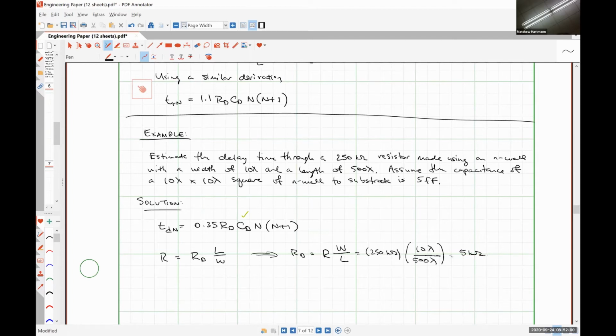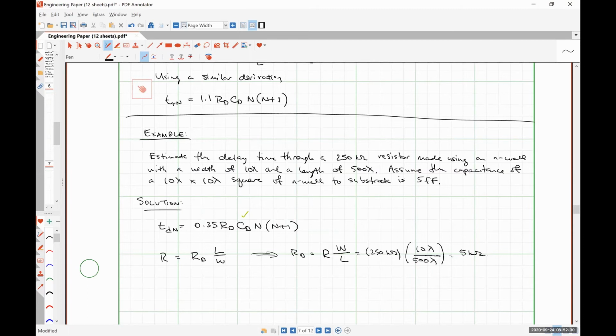So what's N? How many squares are there? Just the one, I think. Or no. The squares come from the equal dimensions of the resistance, right? So a square is a 10 by 10 section. So how many 10 by 10 sections are in something that's 10 by 500?